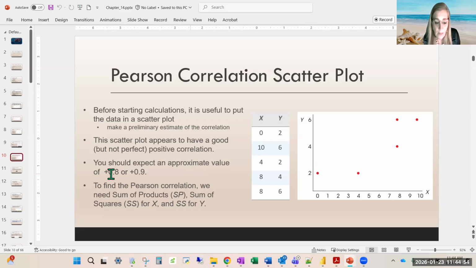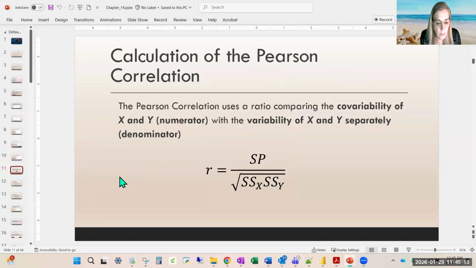However, for this, you might expect to see a 0.8 or a 0.9 because it is going in a positive direction. And to find the Pearson correlation, we need the sum of products, and sum of squares as well, for the X and for the Y variables. So we're going to look at how we calculate those for this test.